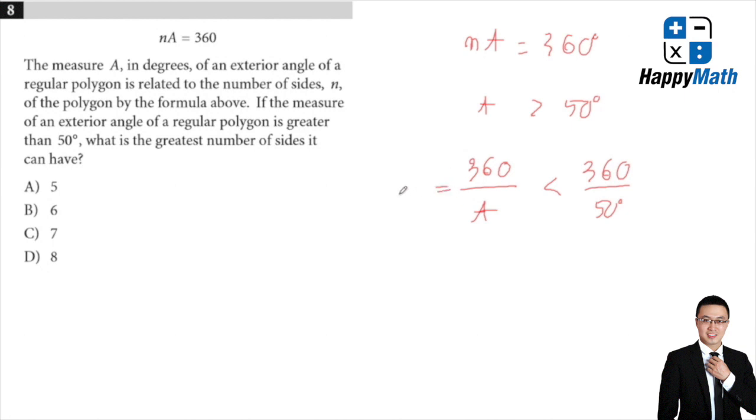So here it represents n, which is less than 7, maybe 7.1. Because n is the number of sides, it has to be an integer. So n has to be equal to 7, because 7 is the maximum integer less than 7.1. So that is the greatest number of sides. So C is the right answer.